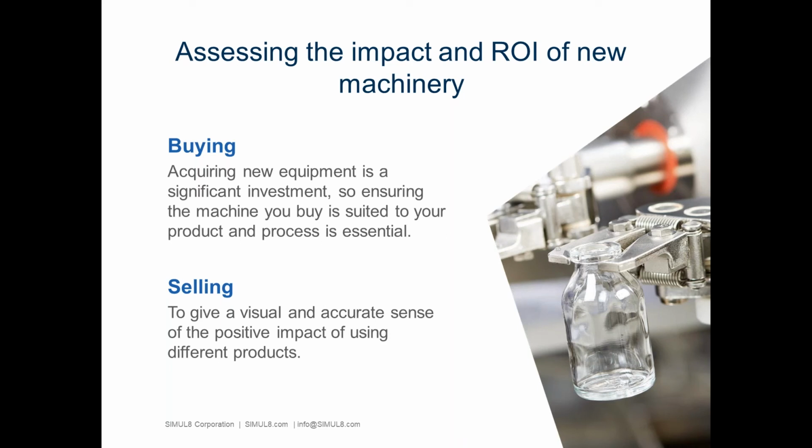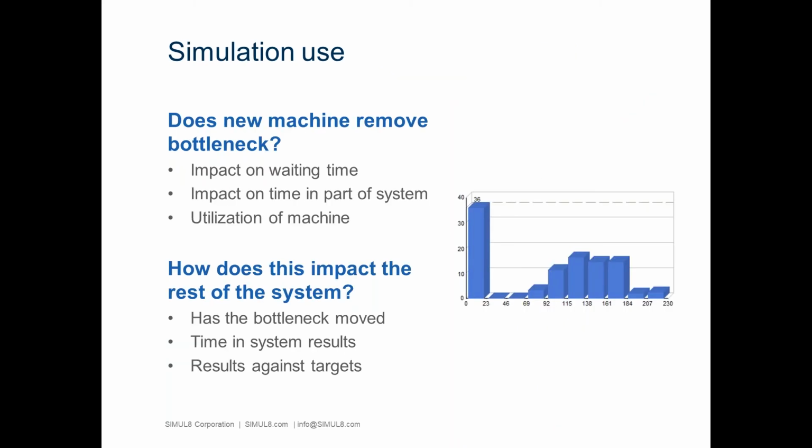So we see people who are looking at buying or adding a machine to their system using simulation. We also see people who are trying to sell their solutions using simulation because of the understanding you can get from seeing the new machine in your process or in another process. It really helps to get buy-in for that selling process.